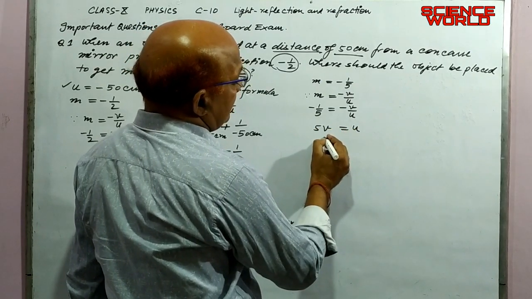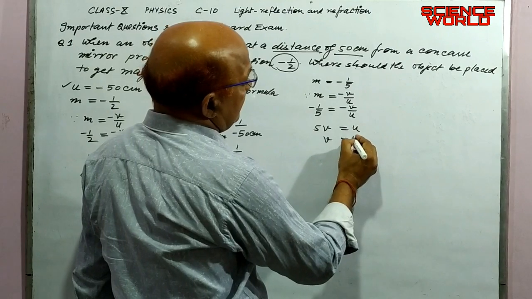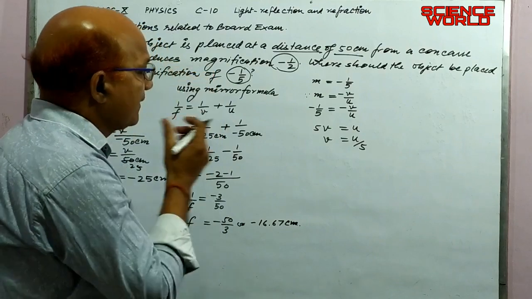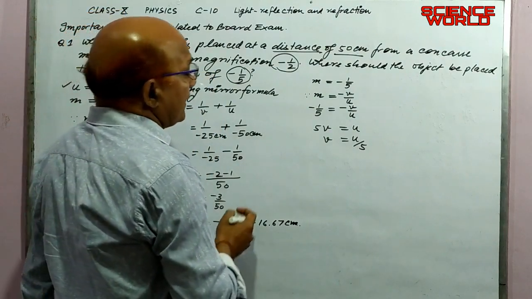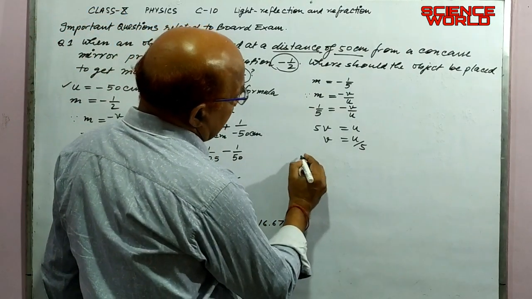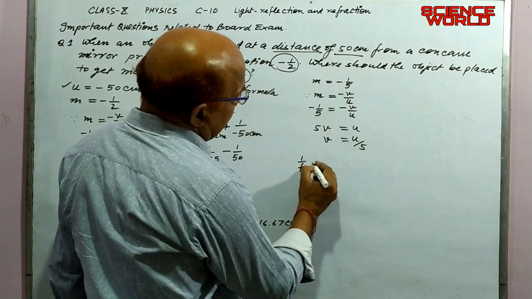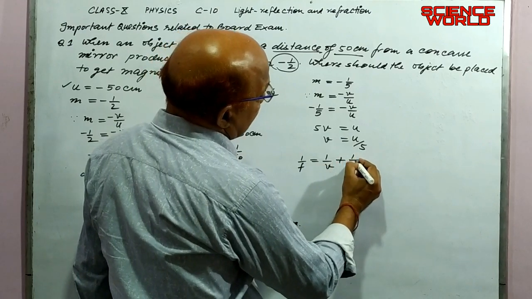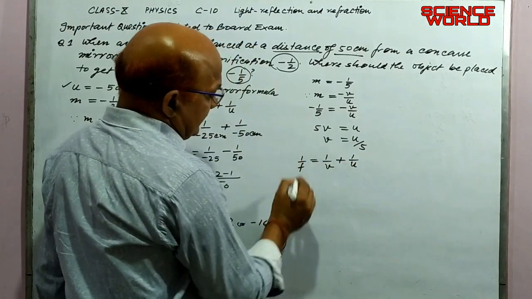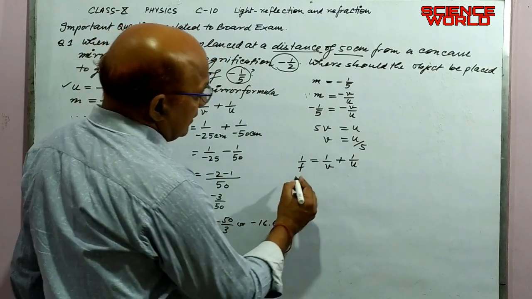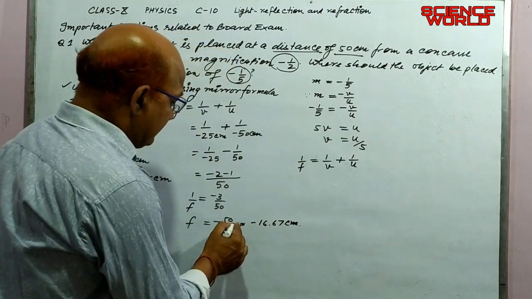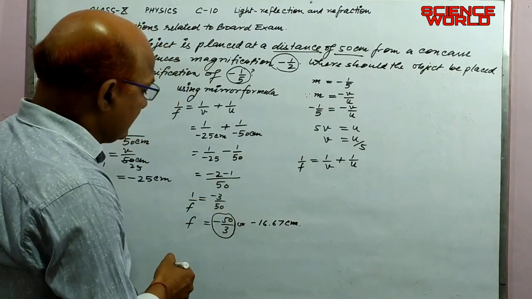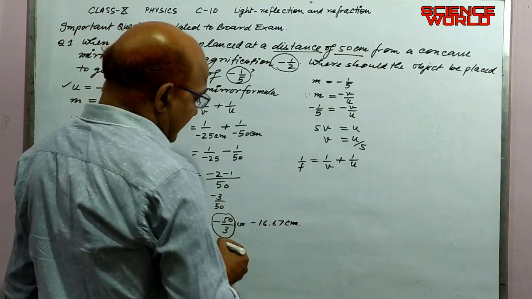It means v equal to u by 5. Okay. Now, again we will use mirror formula, 1 by f equal to 1 by v plus 1 by u. This time focal length is known.